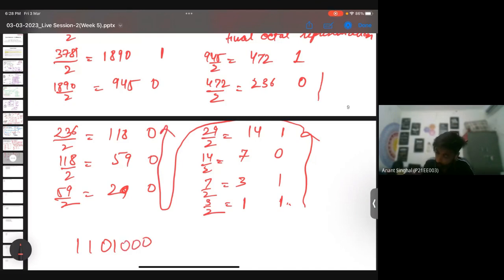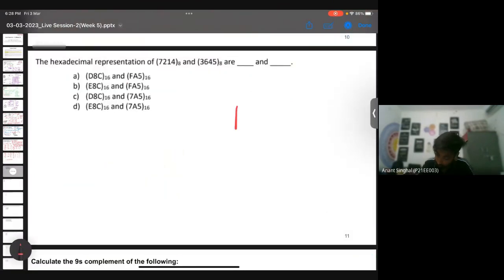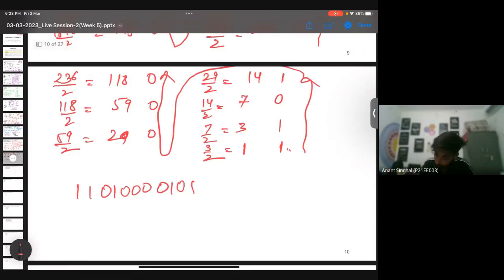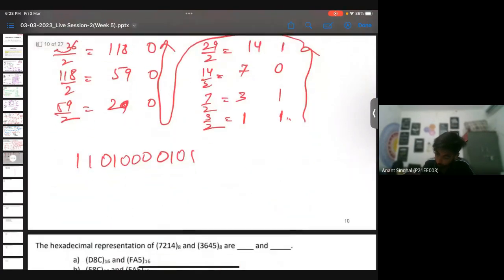And from here again 01, and then from here it is 01. Okay, let's come to the next page. Then from 01 it is last at 0. So this is the binary equivalent, sorry, decimal equivalent of the given.